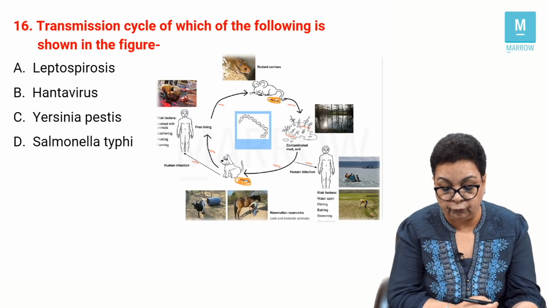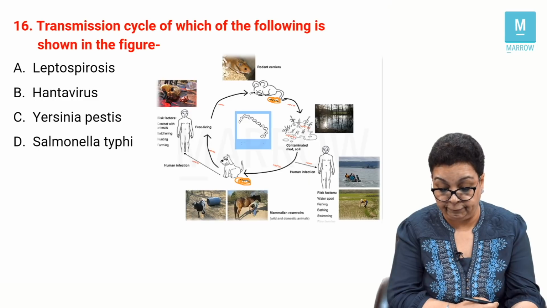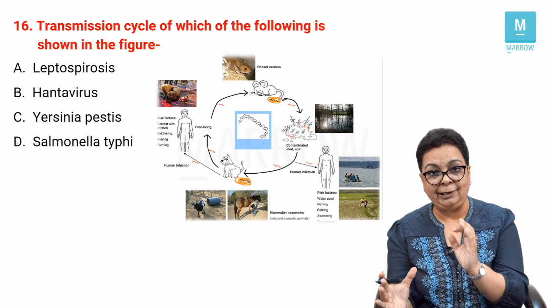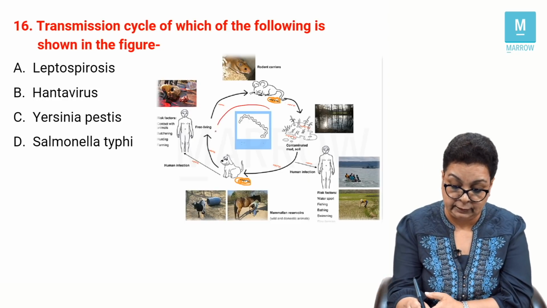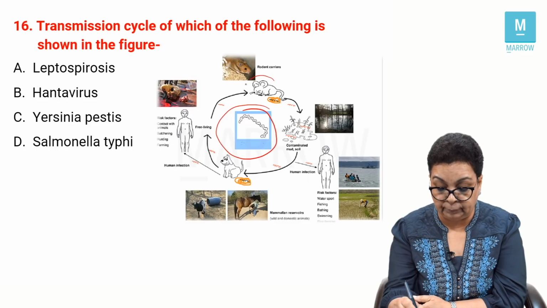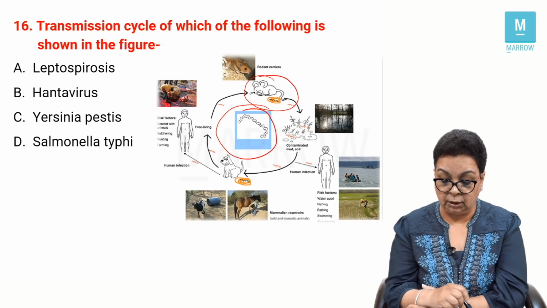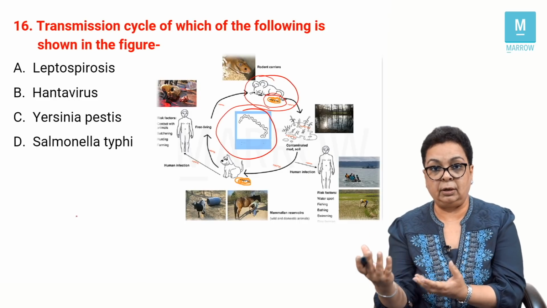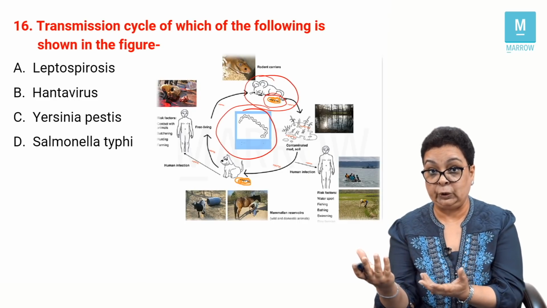Transmission cycle of which of the following is shown in the figure? Now, carefully, if you look at it, you can easily catch. In the center, you are seeing something which is spiral. Then you come to the rodents. Something is being passed out in the rodent excreta or in the urine.